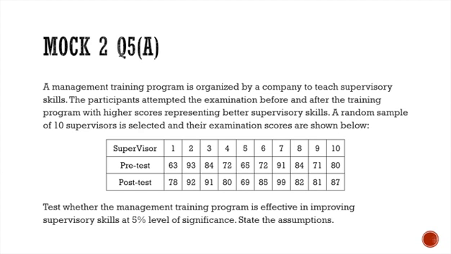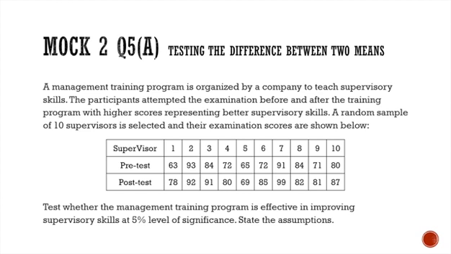A random sample of 10 supervisors is selected, and their examination scores are shown below. Test whether the management training program is effective in improving supervisory skills at 5% level of significance. State the assumptions. Now, this problem belongs to testing the difference between two means.